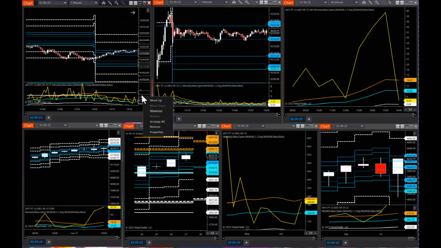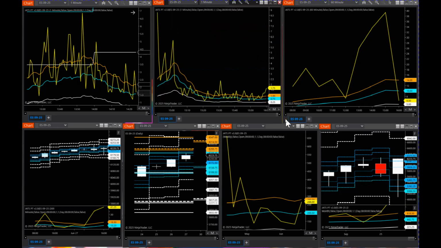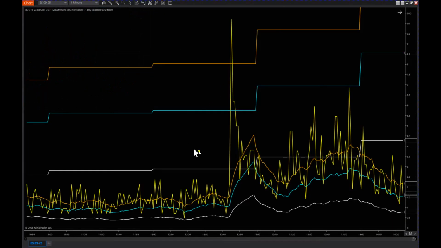I think it's easiest to see it when you're looking at the points and seeing when that one time frame is trading outside of its point range for that time frame and then reaching up to a higher time frame point range.